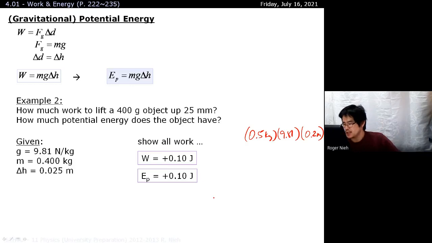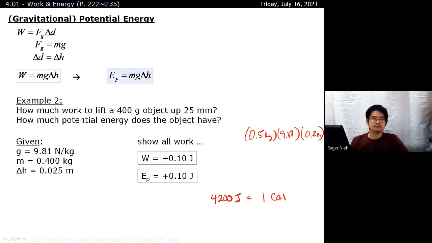In fact, it takes 4,200 joules to equal 1 nutritional calorie. So that's why this number over here is 1. But when you walk on your treadmill, you have to do this about 4,000 times before you burn 1 lonely calorie. That's the scale of order between the two.